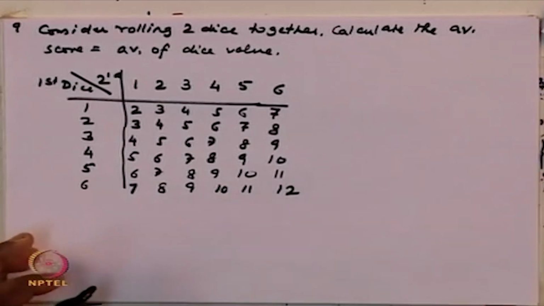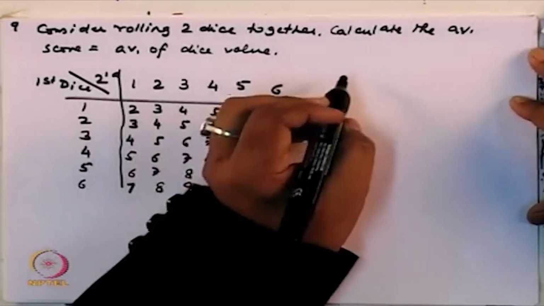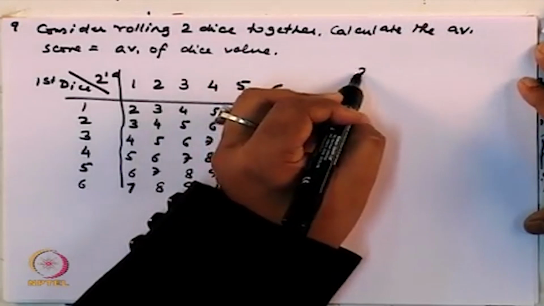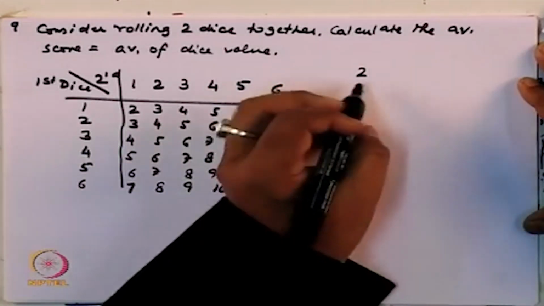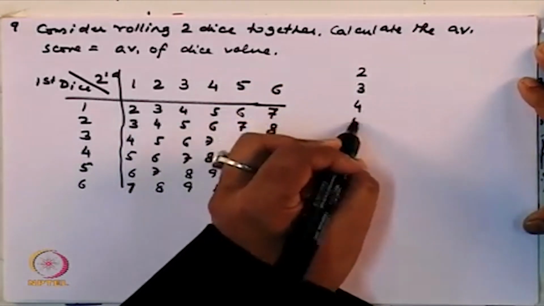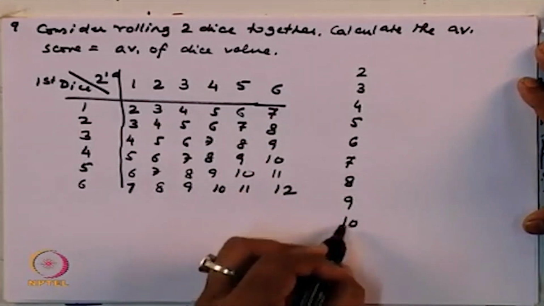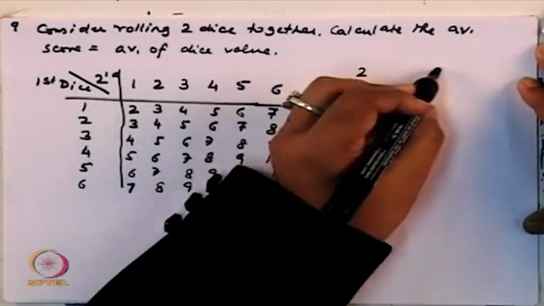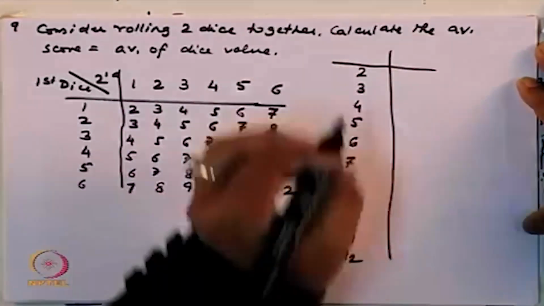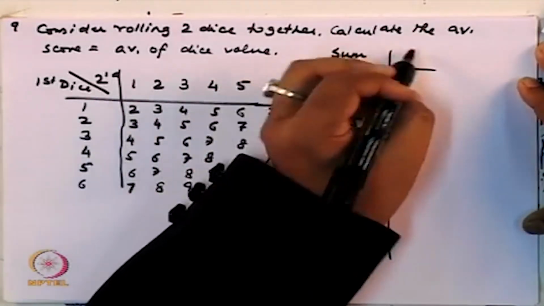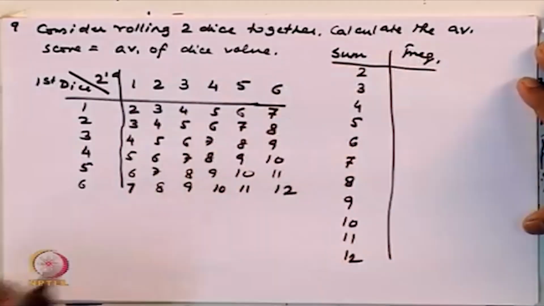Okay. So, the sum, I can make this plot. Let me make the plot of the sum. I will get anywhere from 2, 3, 4, 5, 6, 7, 8, 9, 10, 11, 12. This is the sum and this is my frequency. Okay.